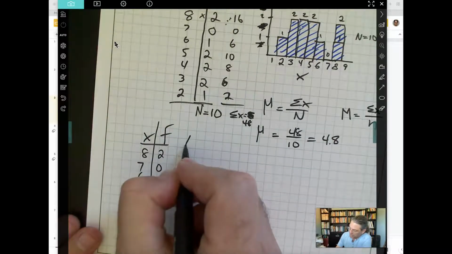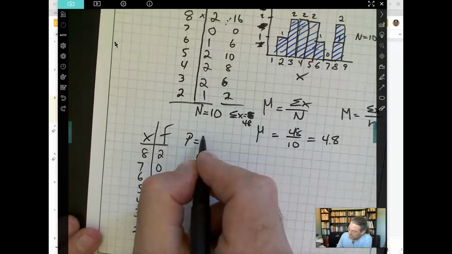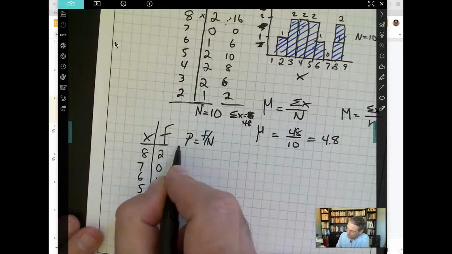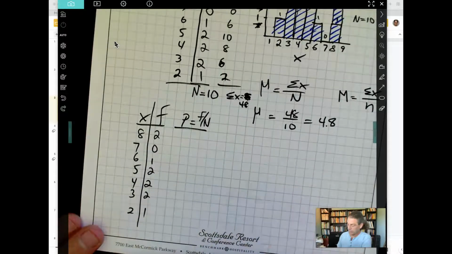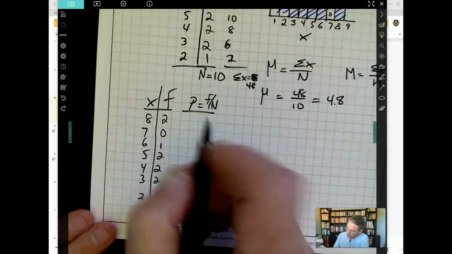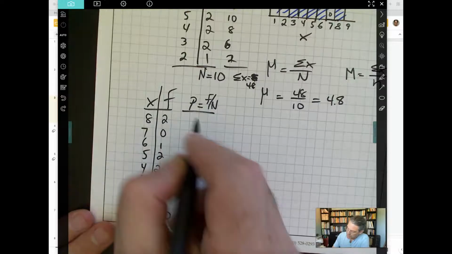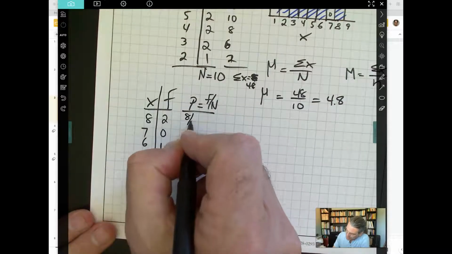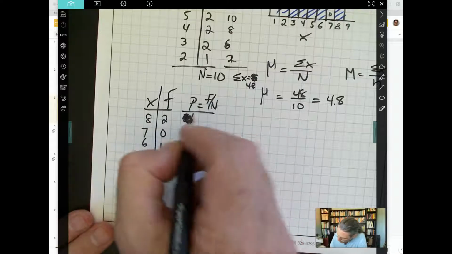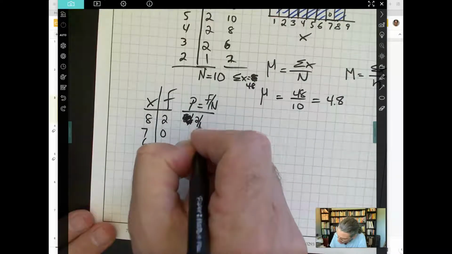Okay, so to calculate a proportion, it's the frequency for that score divided by the n, or it can be uppercase N or lowercase n. So again, I know my n is 10. So now I just take the frequency for the 8, oops, sorry, not the 8. I want to put the 2. We'll go 2 divided by 10.